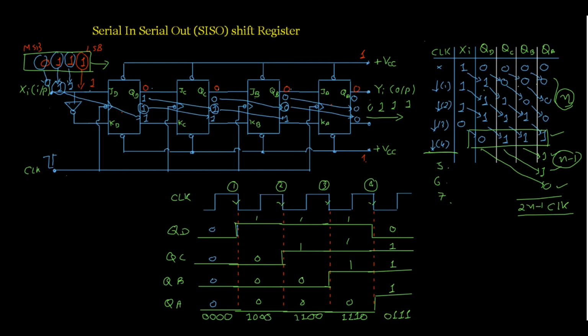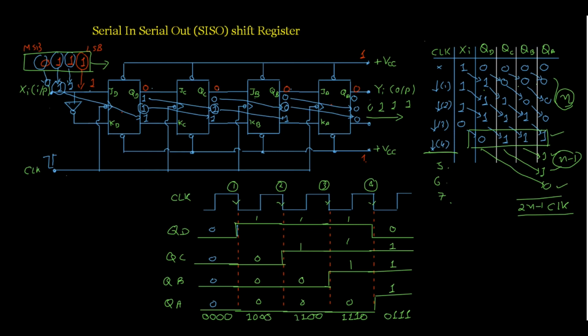Then when we apply a fifth clock pulse, sixth clock pulse, this data is going to be transferred serially to the output and appear at Y. So in this way, the data is entered serially into the SISO register, and you also get it serially at the output.